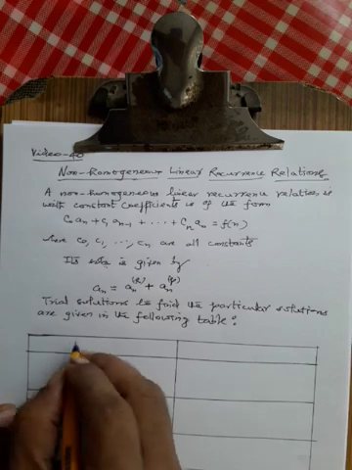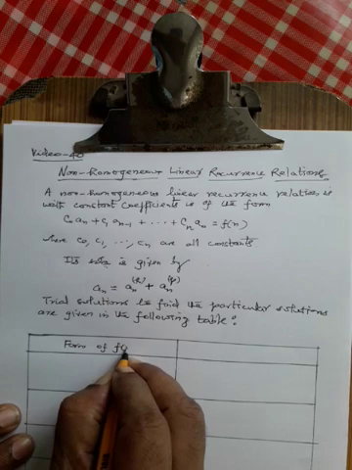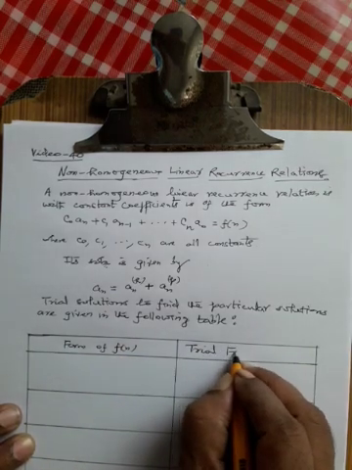So this is the form of f of n, and here are the trial functions.